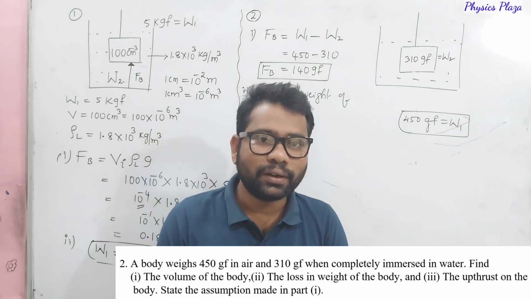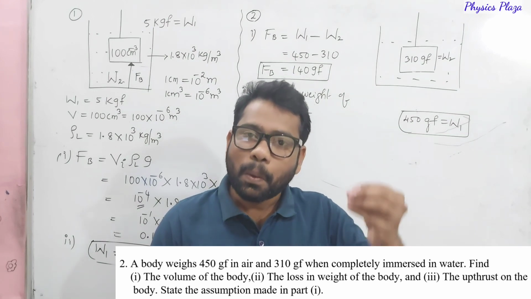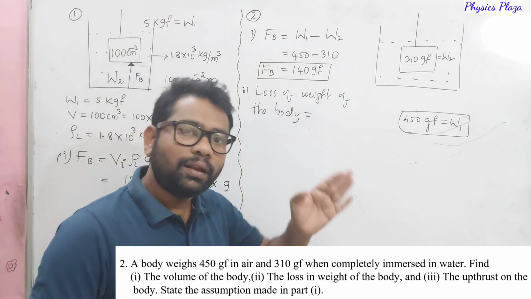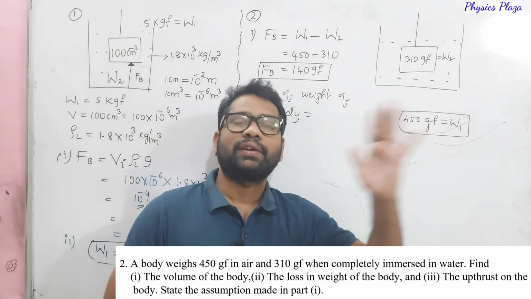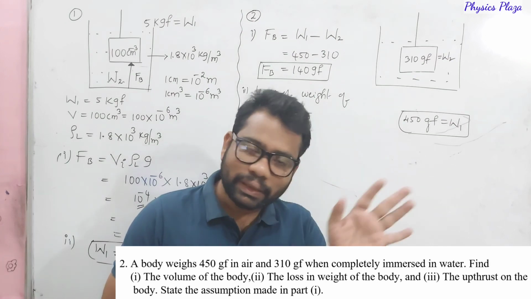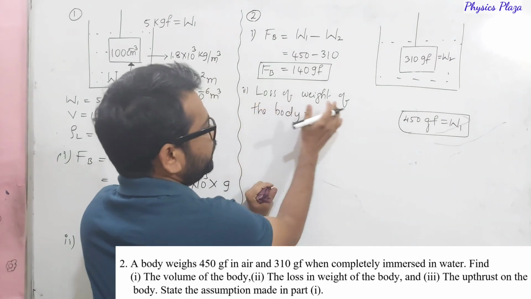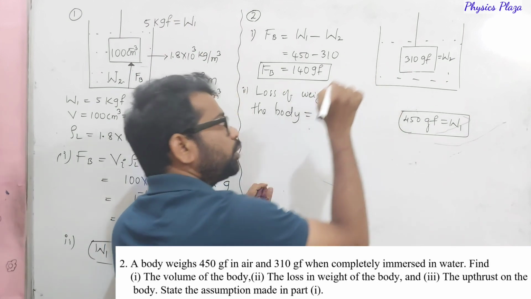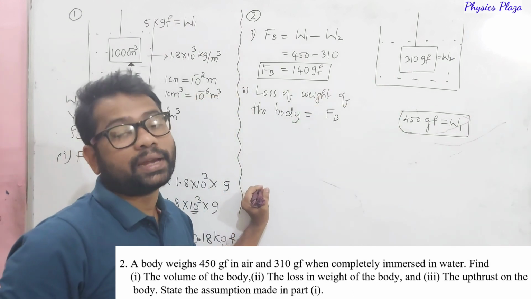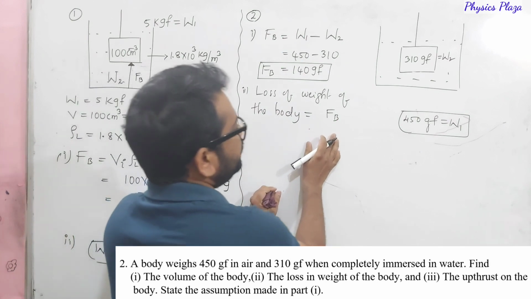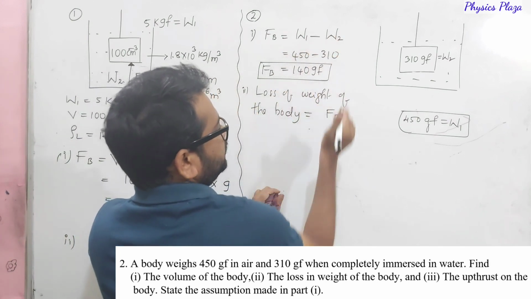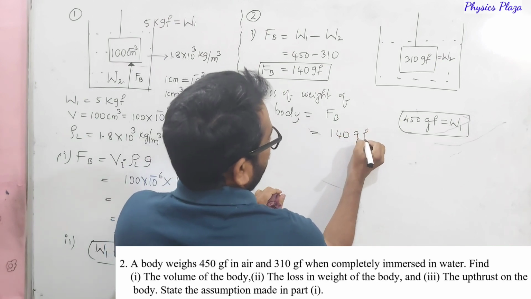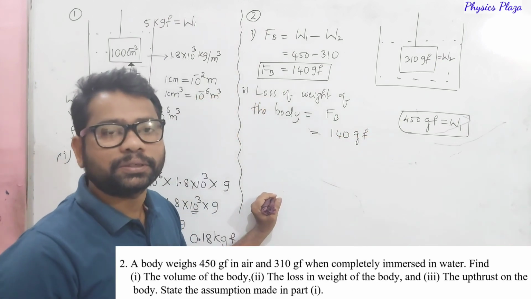Which means buoyant force is a measure of loss of weight of the body, or else loss of weight of the body is a measure of buoyant force. Both are equal only. So loss of weight of the body is nothing but the buoyant force acting on the body. So how much will it be? The same way, we can calculate, that is 140 gram force only.